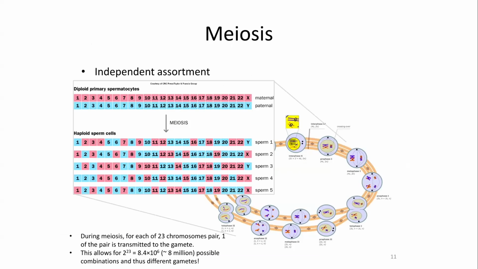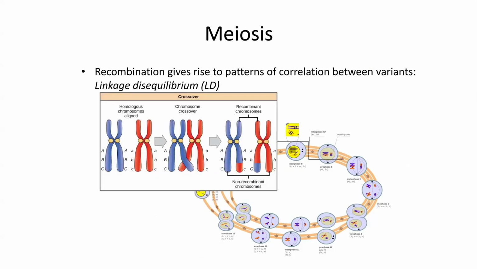So what we know, the result of meiosis gives you haploid germ cells, and each of these germ cells has a different composition of the DNA, and that's the result of independent assortment, so the mixing of maternal and paternal chromosomes. And as we know from the course, recombination.